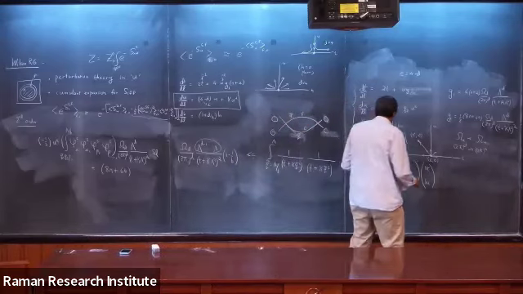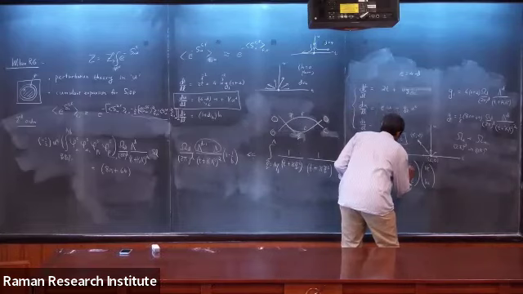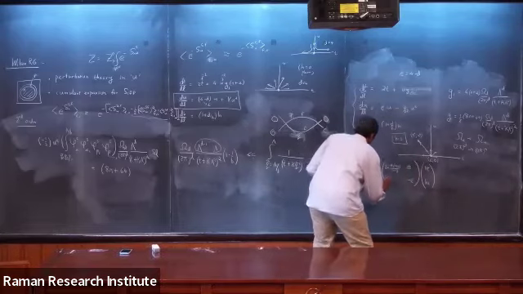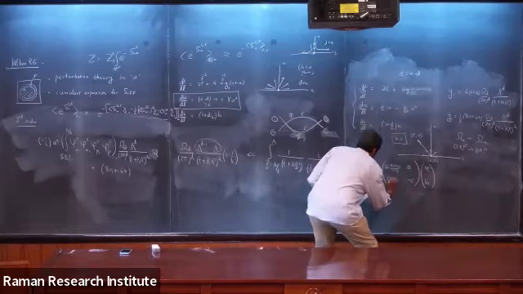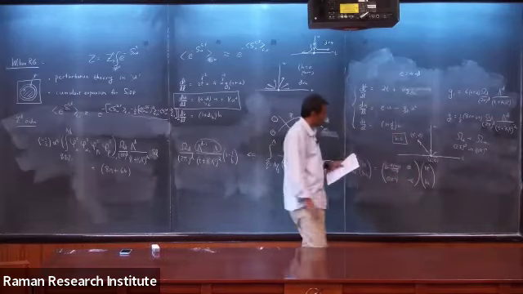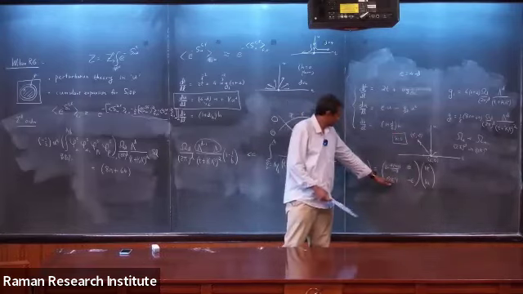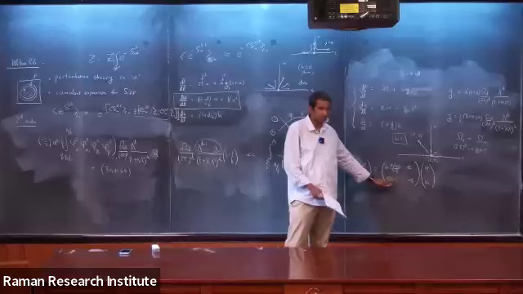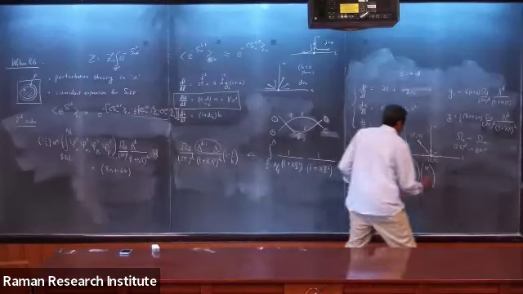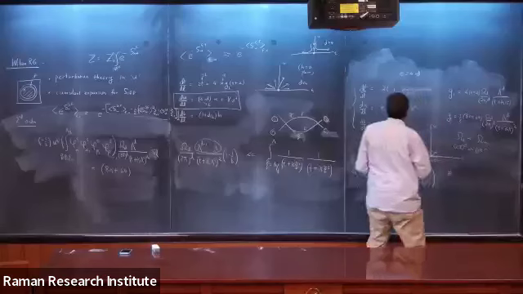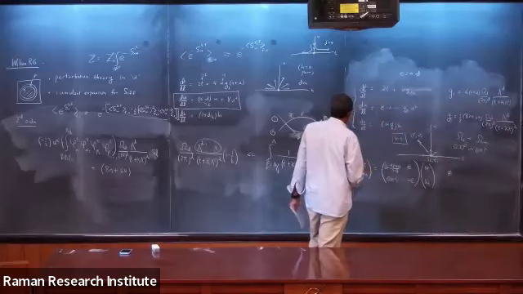This one turns out to be some number, and importantly, to order epsilon it's actually 0. So it is some number of order epsilon squared. Let me write out everything that we need from here.